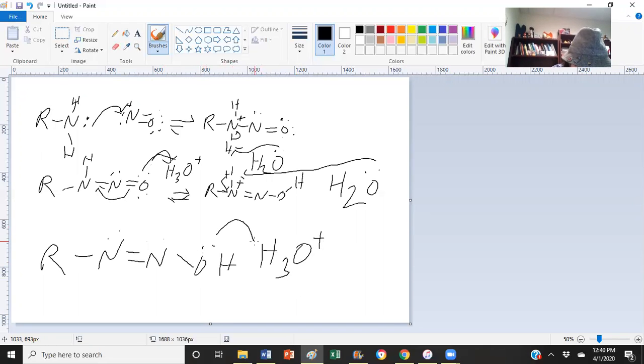Oh, hey, there. And that way we form the diazonium. Once we've kicked off the water, it's not really going to come back. So we form the diazonium.